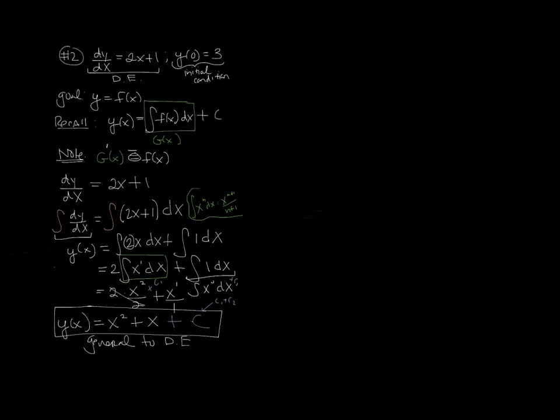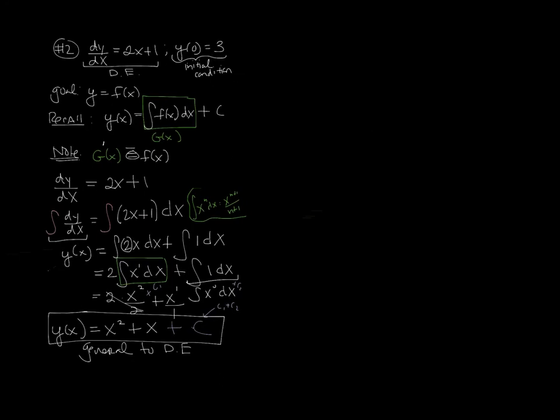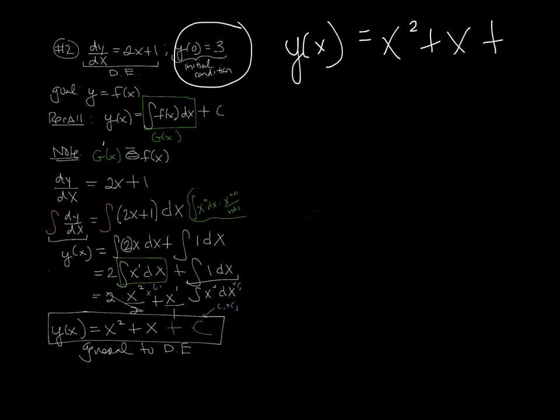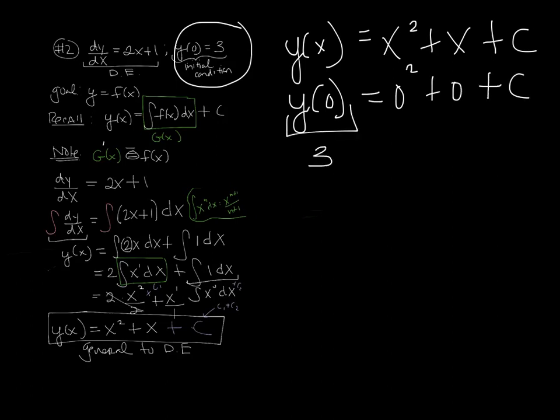Let's write our y of x equals x squared plus x plus c, so our solution is a quadratic function. We have y of 0 equals 0 squared plus 0 plus c, and y of 0 is 3.